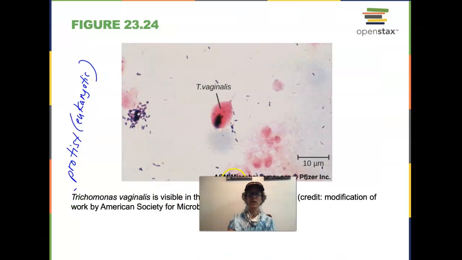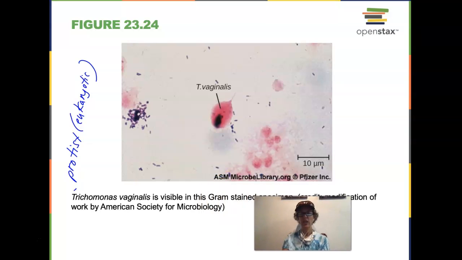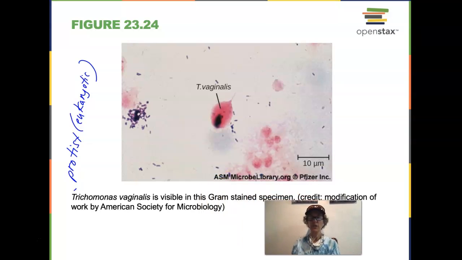This is Trichomonas vaginalis. Persons who come down with this have a potentially sexually transmitted illness. It's called TRIC, which is an abbreviation of Trichomonas. It is a protist, a protozoan, so it is a eukaryotic single-celled microbe.